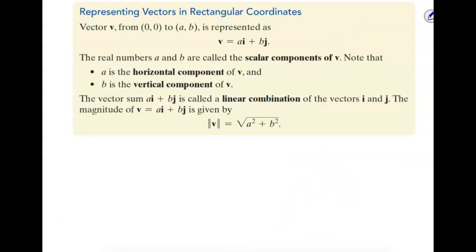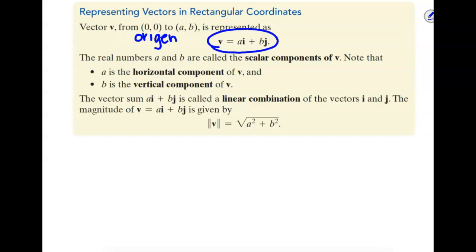So here's your rule. The yellow box will help us. If we have a vector starting at the origin and it's heading out to some terminal point, a, b, to write that as a rectangular coordinate, this is what it will look like.